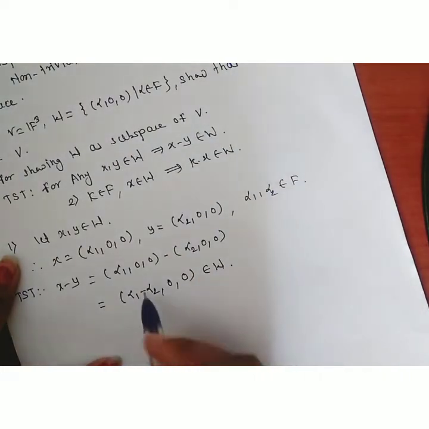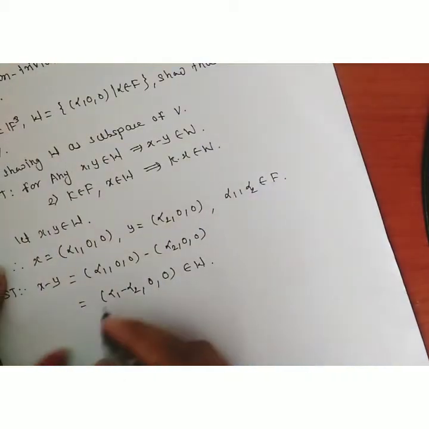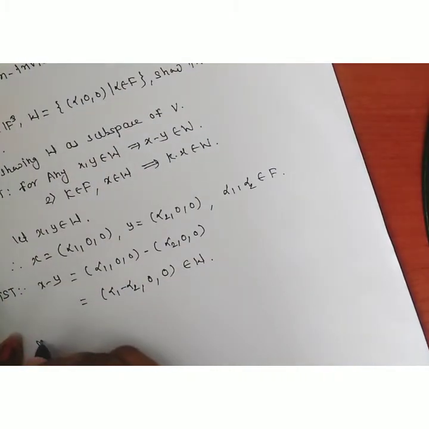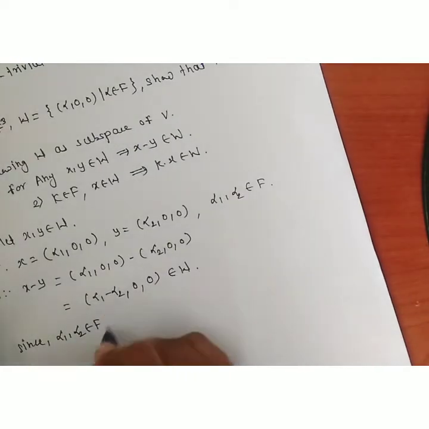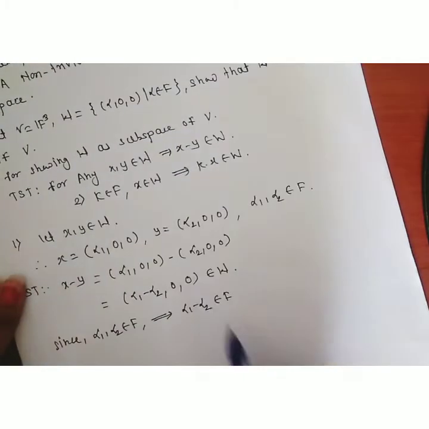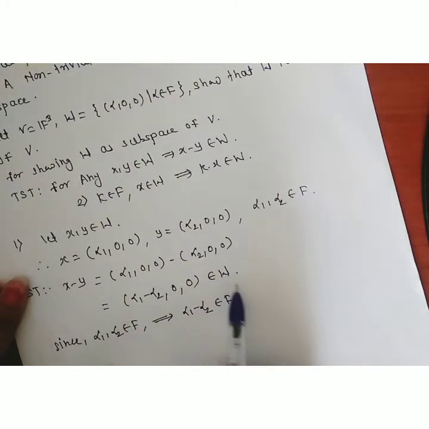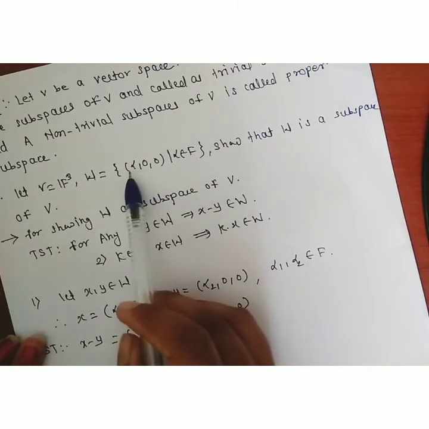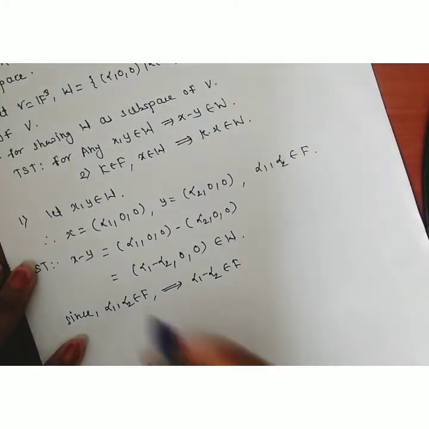It belongs to W when alpha1 minus alpha2 belongs to field F. Since alpha1 and alpha2 belong to field F, their subtraction alpha1 minus alpha2 also belongs to field F. Since W consists of all tuples of the form (alpha, 0, 0), where alpha belongs to field F, this tuple also belongs to W. Therefore the first condition, x minus y belongs to W, is satisfied.